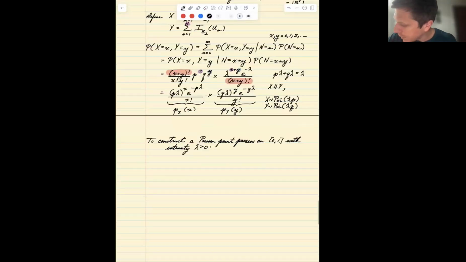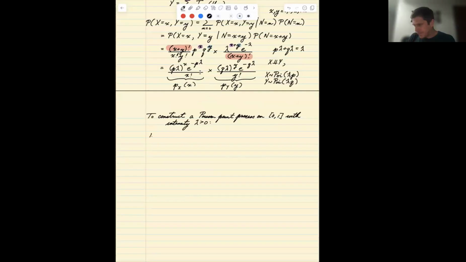We can do the following. Generate a Poisson random variable n with rate lambda.